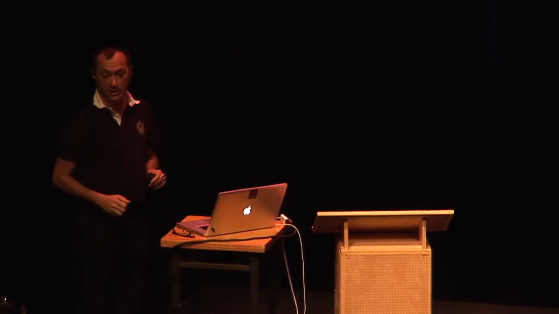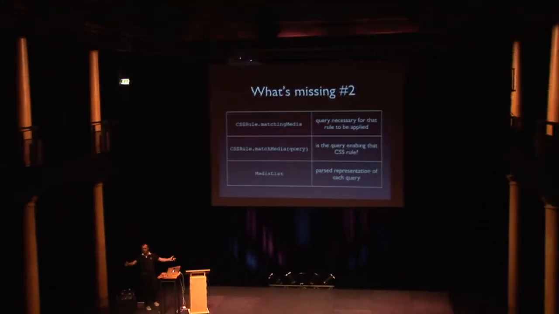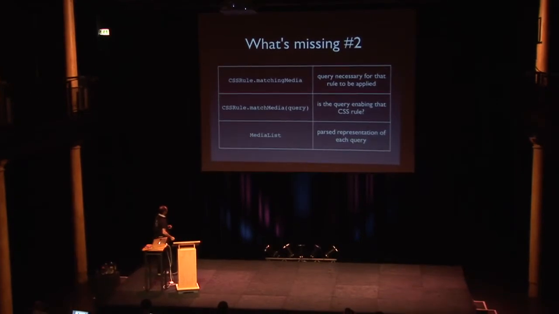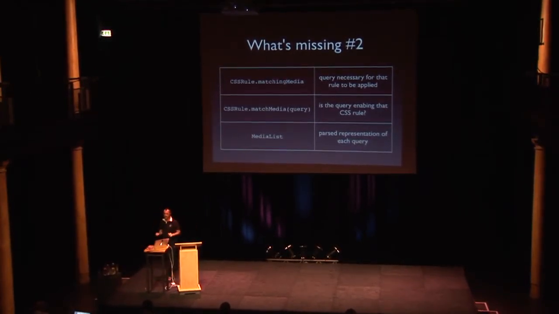What is the query needed to apply the given rule? And to do that, you have to browse all the ancestors to find the media rules or the link element or the style element, aggregate in some way the media queries and find the relevant one. The second API is, I have this media query in a string.